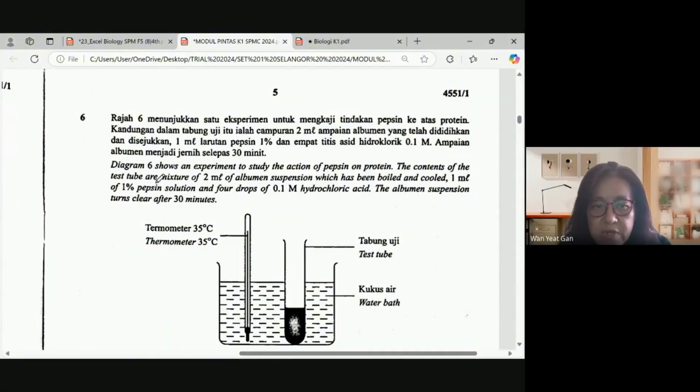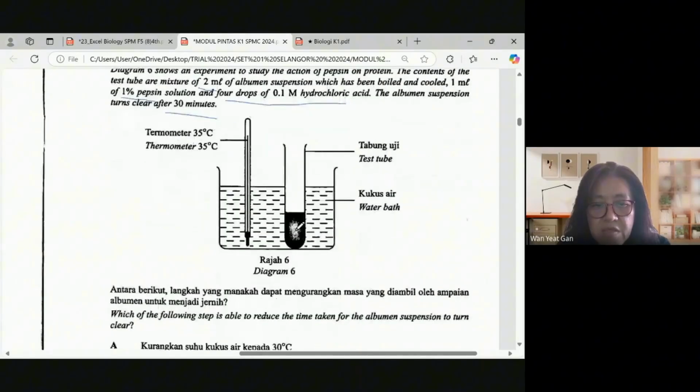The contents of the test tube are a mixture of 2 ml of albumin suspension which has been boiled and cooled, 1 ml of 1% pepsin solution, and 4 drops of 0.1 molar hydrochloric acid. The albumin solution turns clear after 30 minutes. Which of the following steps is able to reduce the time taken for the albumin suspension to turn clear?